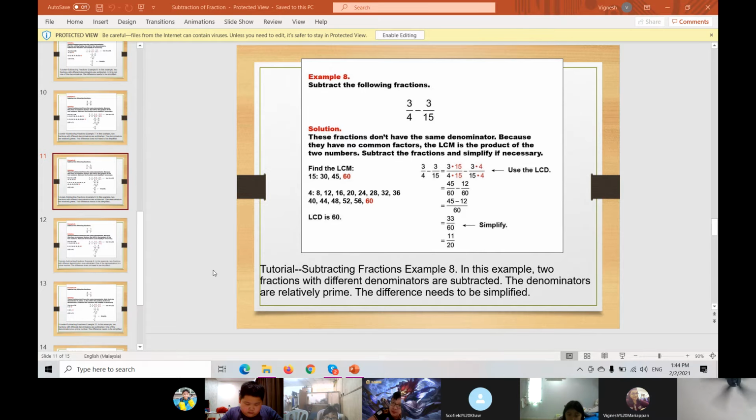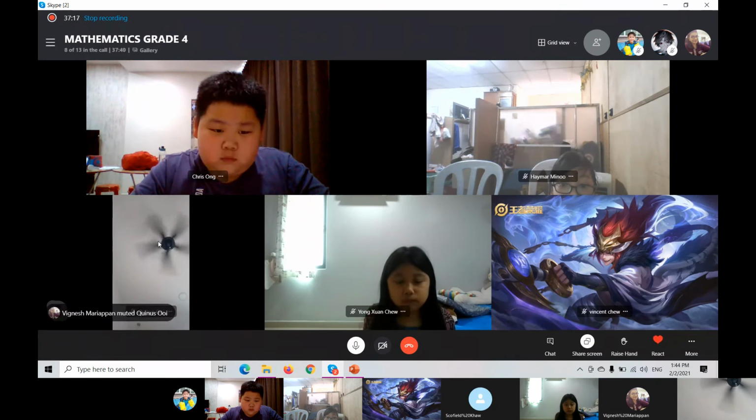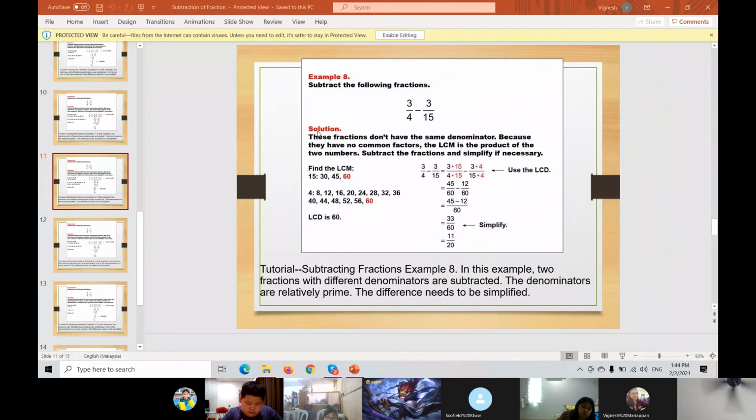And then 15 times 3 is 45. 4 times 3 is 12. Very good. And then it is 45 over 60 minus 12 over 60, which is 33 over 60. Simplify is 11 over 20.